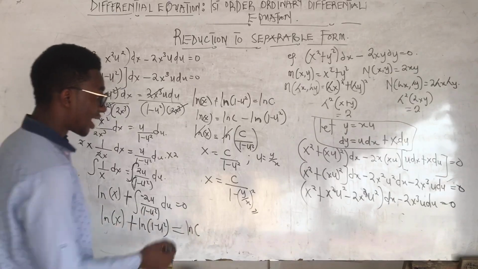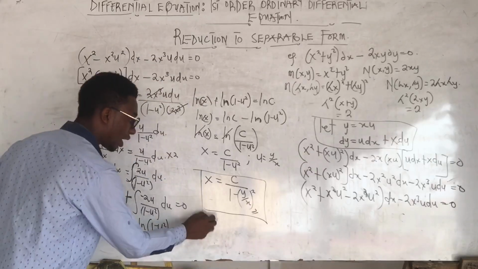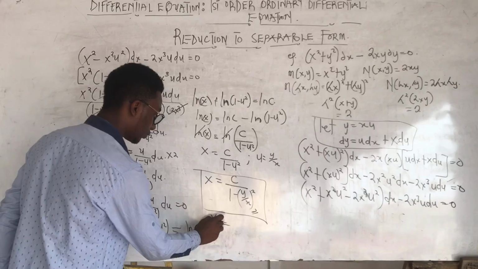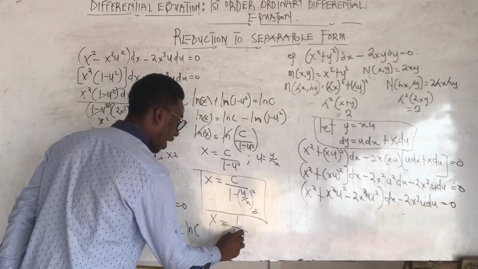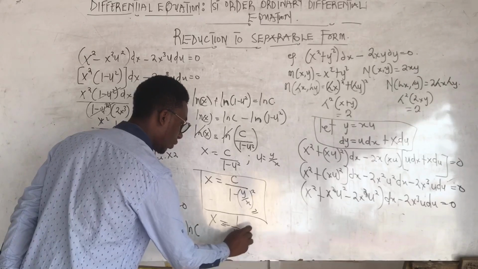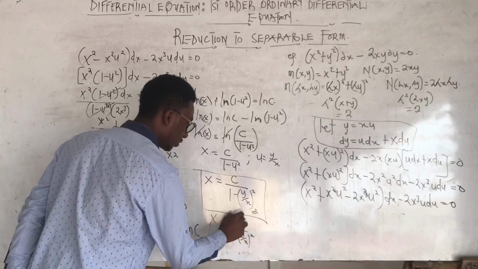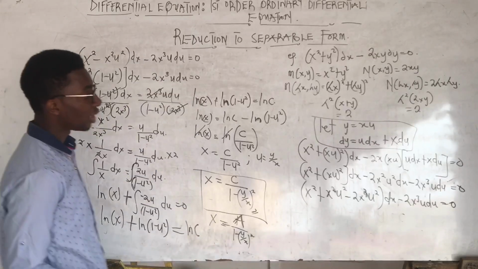And you can further decide to simplify on this. But when you get to this, you can finally have x is equal to 1 divided by 1 minus y all on x all squared, times A. So we can just put your A over here, which is your arbitrary constant.